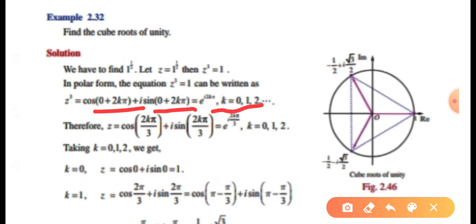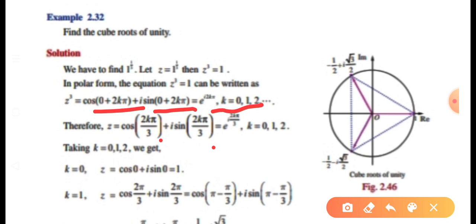Therefore z equal to, raising the power 1 by 3, cos 0 plus 2kπ plus i sin 0 plus 2kπ whole power 1 by 3. So applying De Moivre's theorem, cos 2kπ by 3 plus i sin 2kπ by 3.